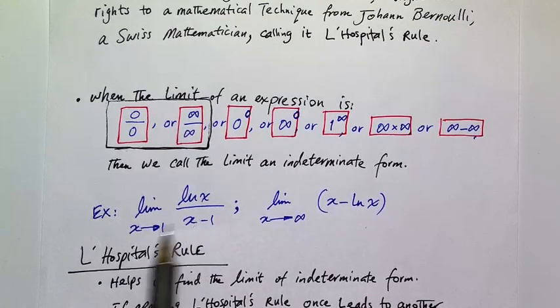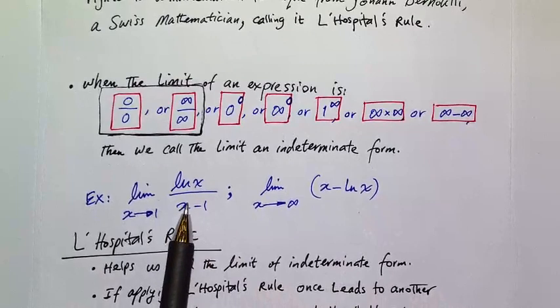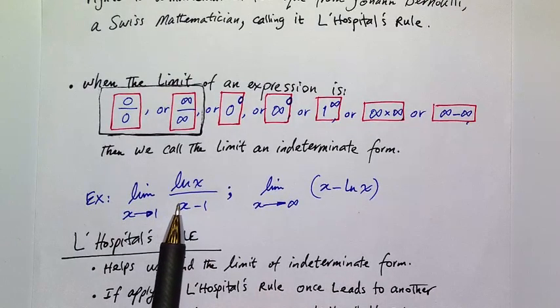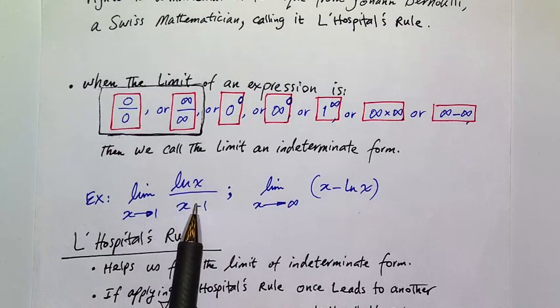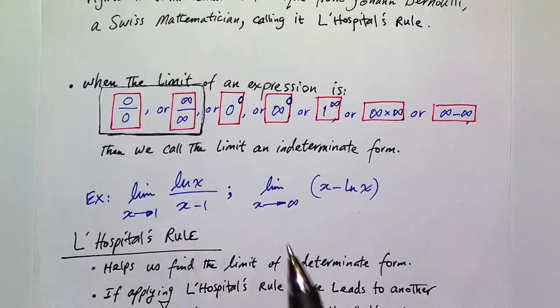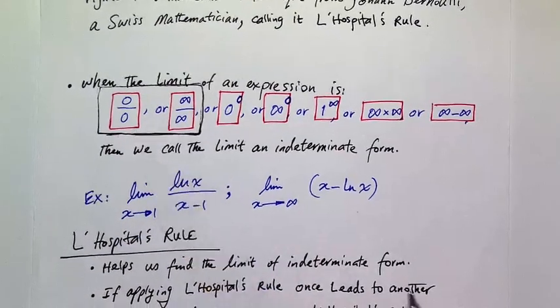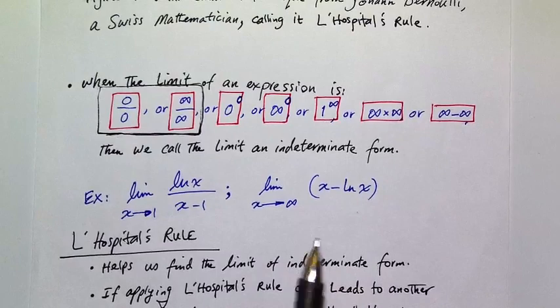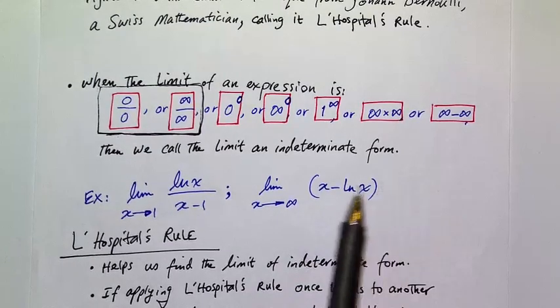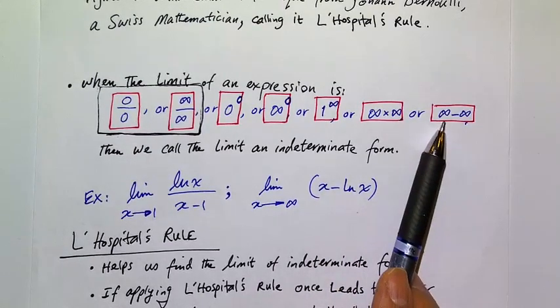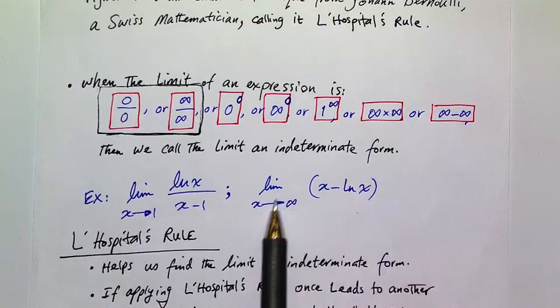And here are some examples of expressions that give us one of these forms as we apply the limit. This is already in fraction form, and if we substitute 1 for x, of course we end up with this form, 0 over 0, which makes it immediately a candidate for application of the L'Hopital rule. This one, we will come up with this outcome if we take the limit of it.